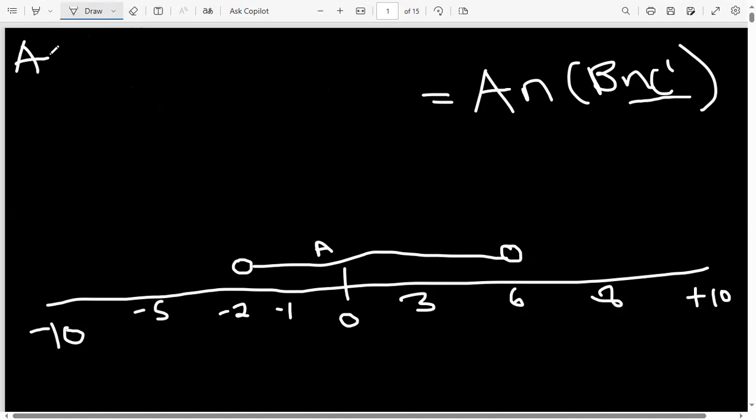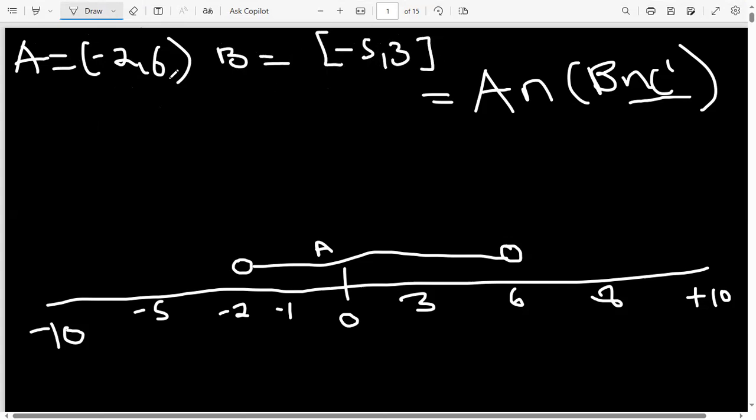A, we're told, is -2 to 6. B is -5 to 3. And C is -1 included to 8 not included.